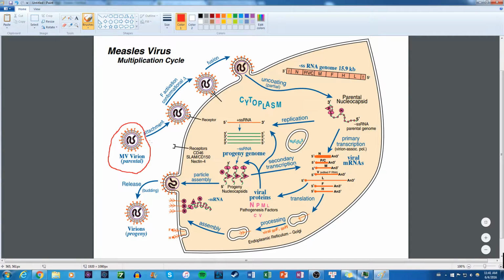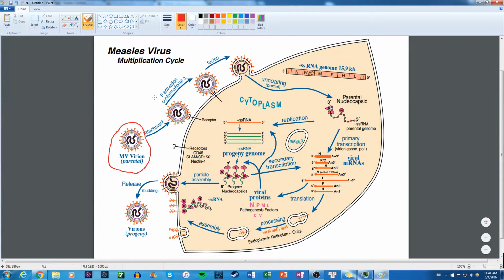And then the fusion, the F antigen, functions in fusing the virus to the cell. The way it works is the fusion protein F changes shape when the hemagglutinin neuraminidase antigen attaches. So F follows H, or fusion follows the hemagglutinin neuraminidase receptor.